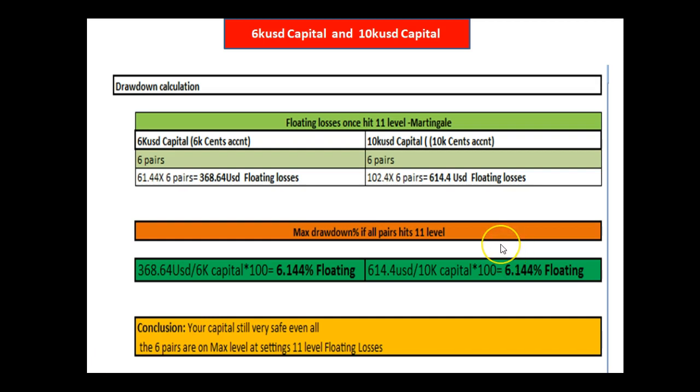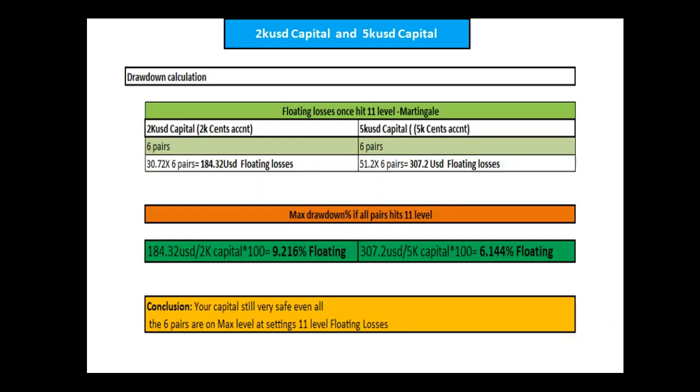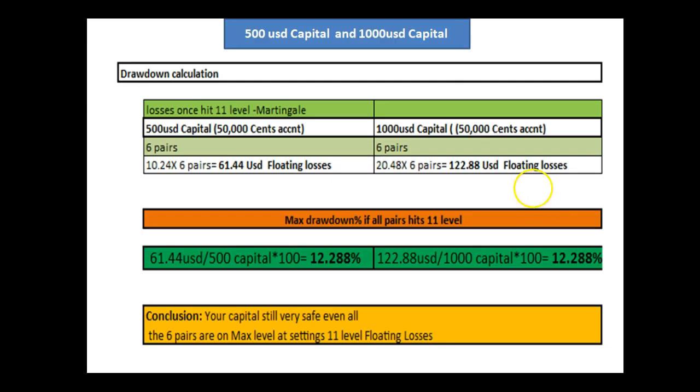All this calculation here is just an example. It still depends on your capital, and I hope you understand what I mean. If your capital is more than this, you can increase your lot size, or you can use your standard account with fewer pairs. If your capital is below 1k, you can still use these 6 pairs, but make sure to use a standard cents account.